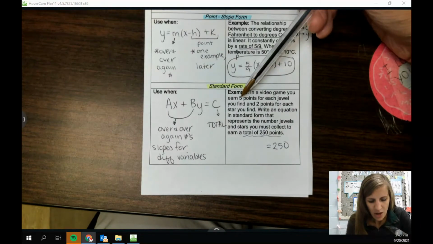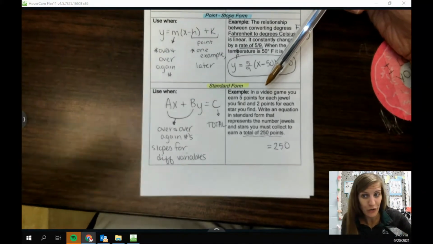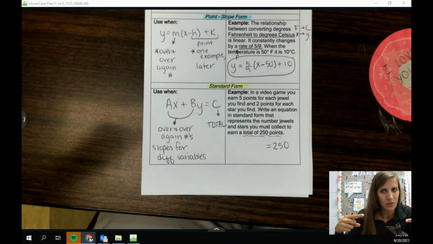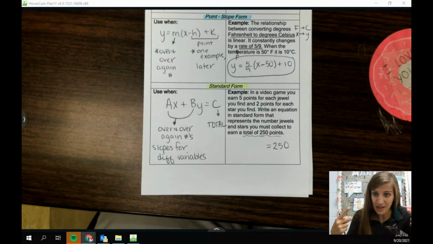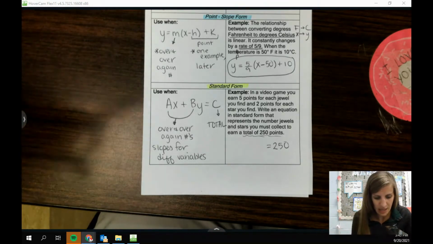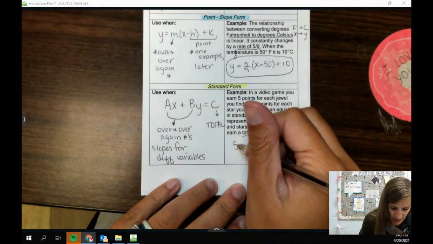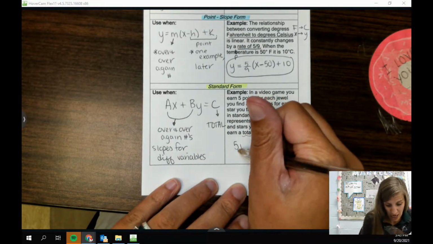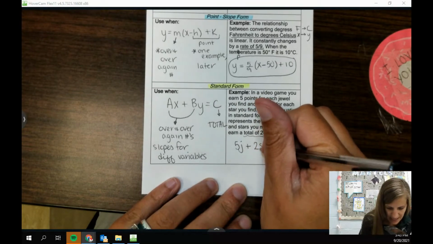And also, 5 points for every jewel is going to happen over and over and over again for jewels. And 2 points for every star is going to happen over and over and over again for stars. So I have 2 over and over again numbers for 2 different things. And so one is going to be the A value, so like 5x, or I'm going to be real specific here, 5j plus 2s.